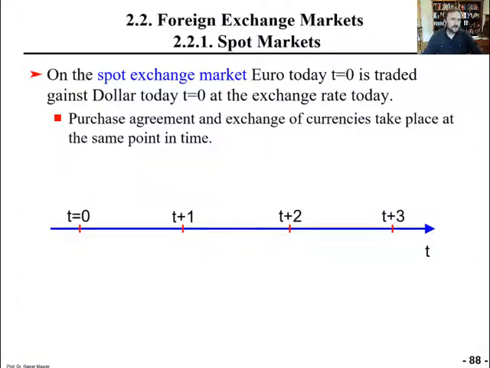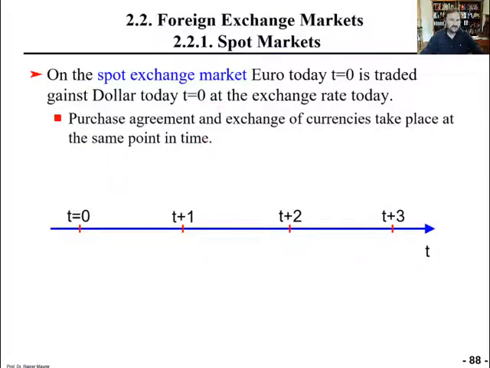So far, we have used the spot market exchange rate only. On the spot market, a euro today, this means time index T equal to 0, is traded against a dollar today, time index T equal to 0.